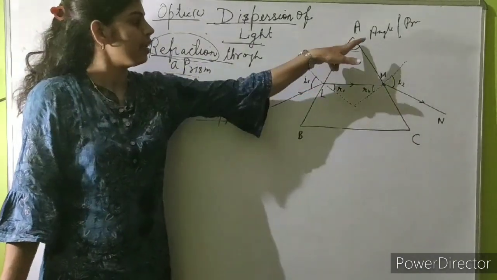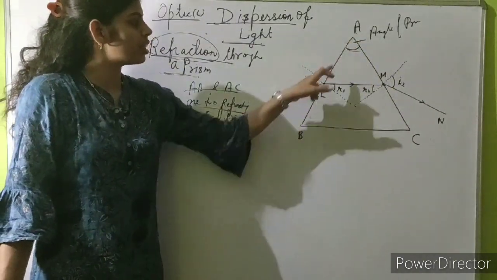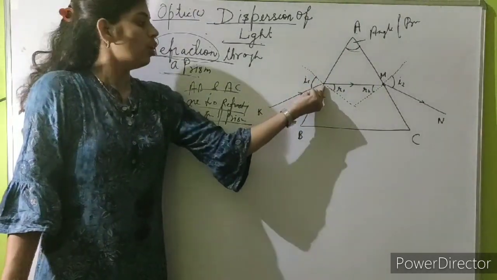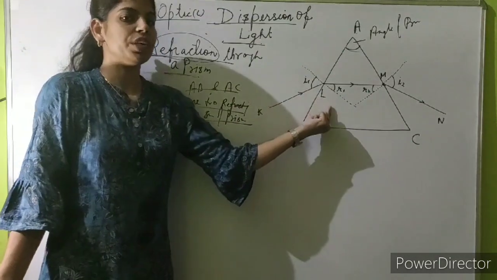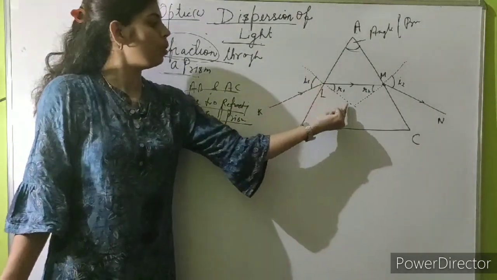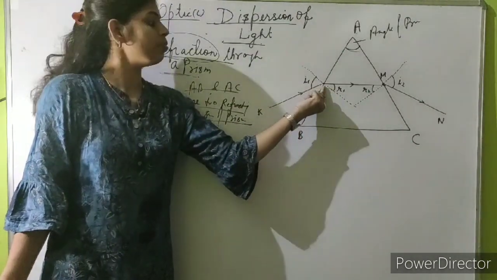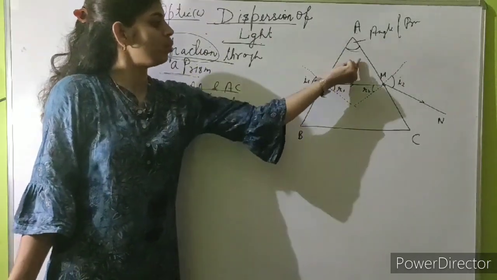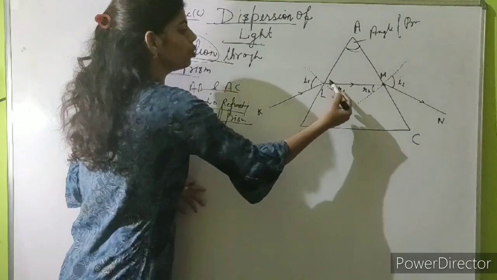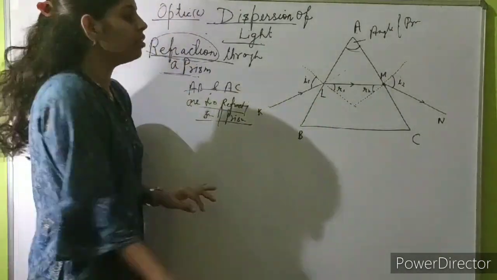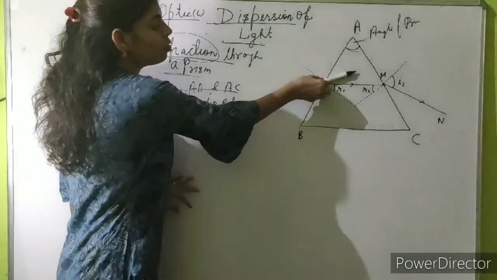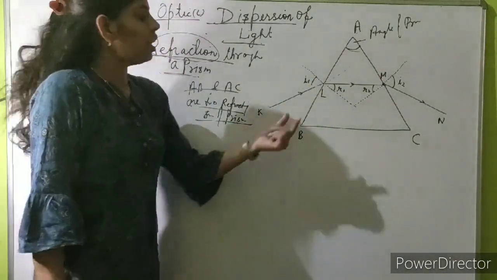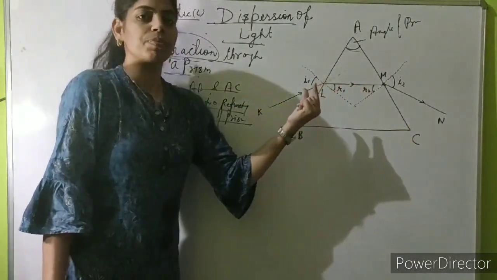When this ray falls on the first refracting surface AB at point L, it is traveling from the rarer medium to the denser medium. We will draw a normal at this point and this ray will bend towards the normal. इसका path ऐसे होना चाहिए था. This should go like this, but ऐसे ना जाके it bends towards the normal. So this is the path of the ray traveling in the medium.